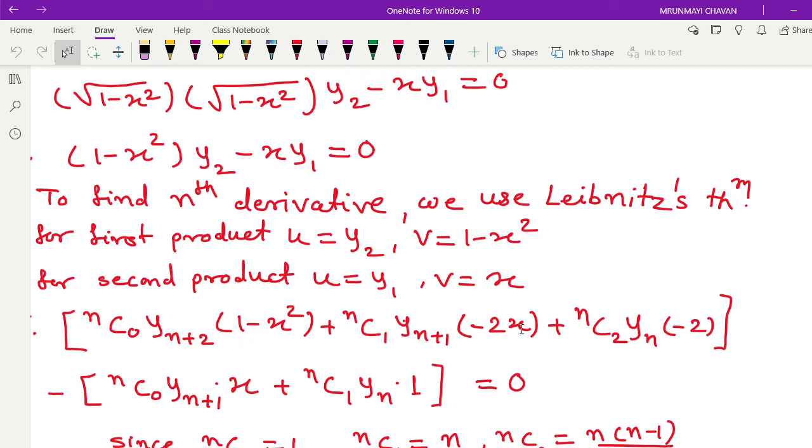And v1: here v is written, so the derivative of v is v1. So one derivative of 1 minus x square is minus 2x. So here is minus 2x.